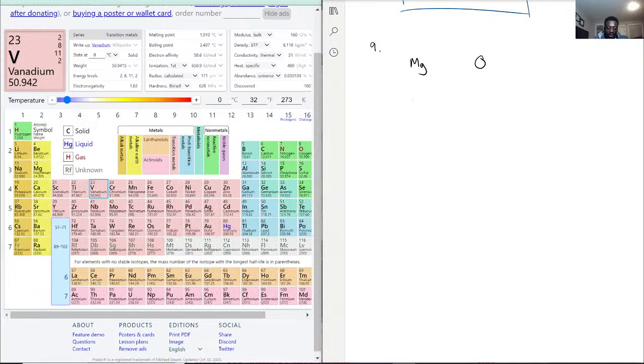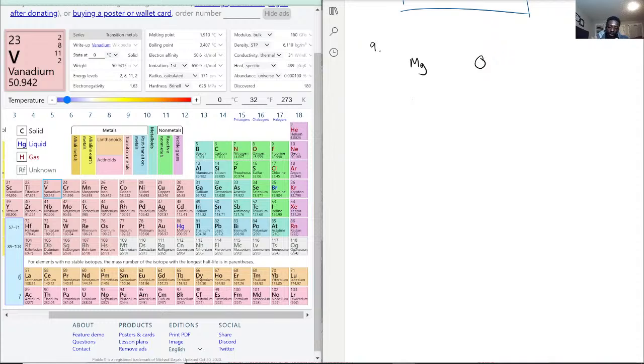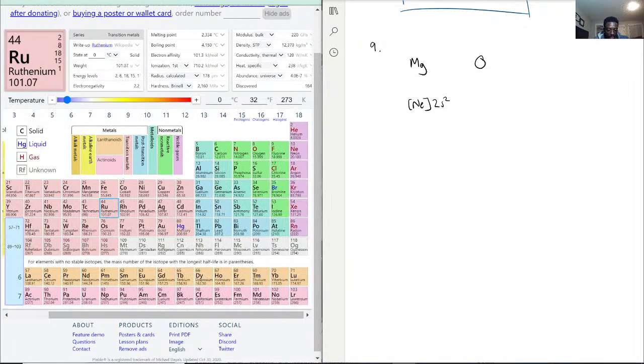So magnesium, because it's in the third row, would be neon and 3s2. Oops, I keep putting it in the wrong place. It's 3s2 because it's on the third row.